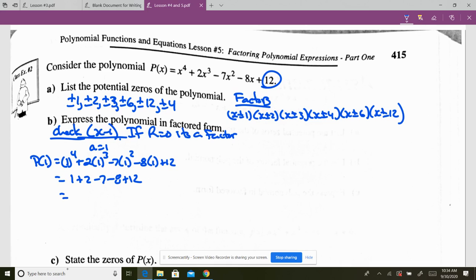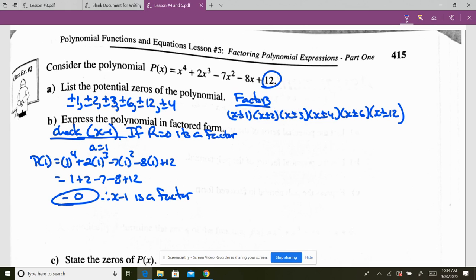And if you do all that, you're going to get 0. Everybody agree with that? All right. So if it's 0, therefore x minus 1 is a factor, which is good for us.